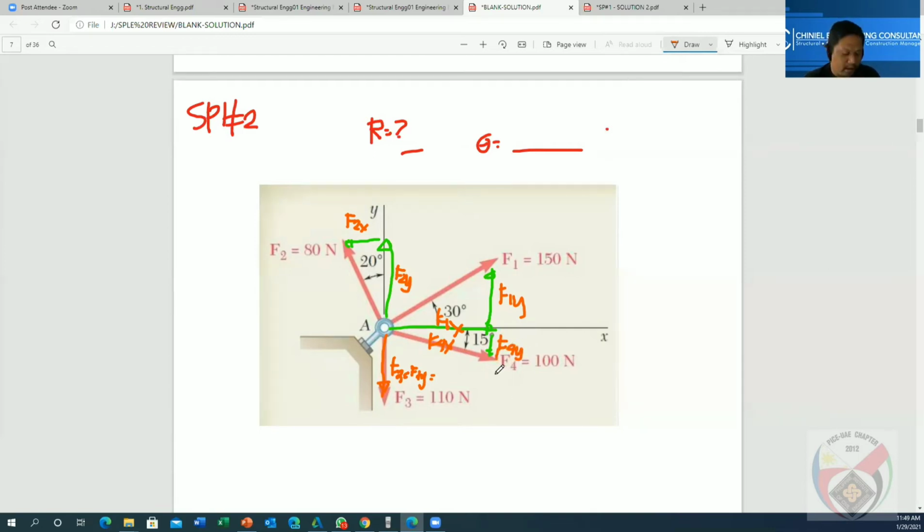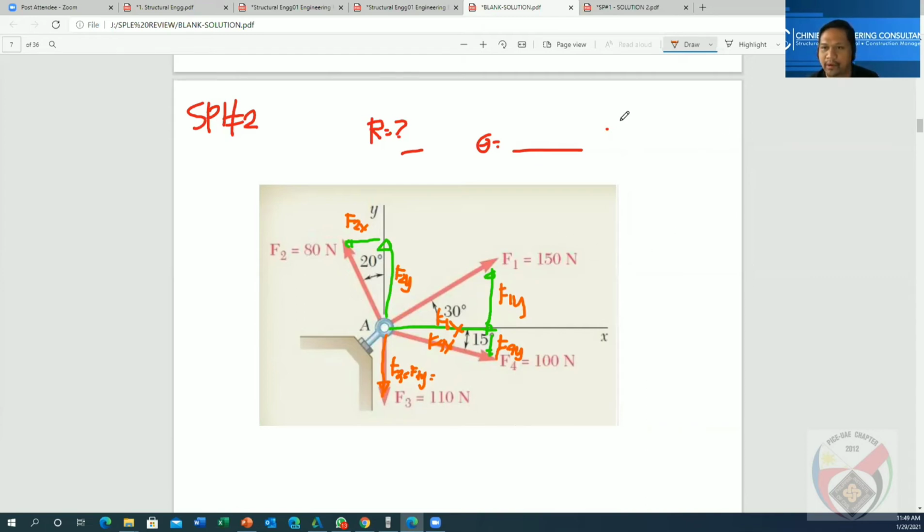Okay, meron ba kayong question dito? Yung mga x and y component? Wala. So, proceed tayo.